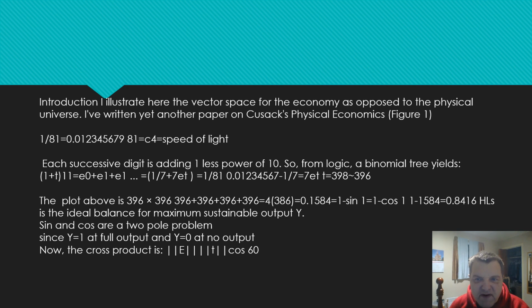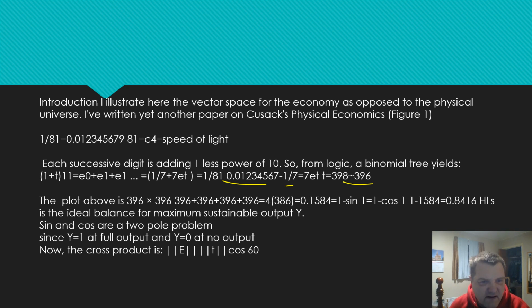So from logic, a binomial tree yields 1 plus t to the 11 equals e to the 0 plus e to the 1 plus e to the 1 plus e to the 1, 11 times, which is equal to 1/7 plus 7e to the t, which is equal to 1 over 81. So 0.012345679 minus the 7th is equal to 396. That number pops up a lot in astrotheology. Approximately 4. The determinant is 4 and the mass is 4.